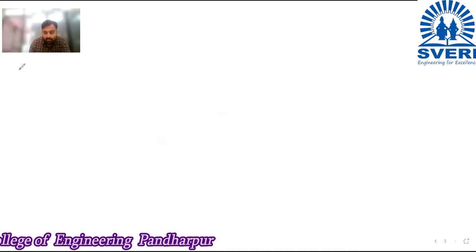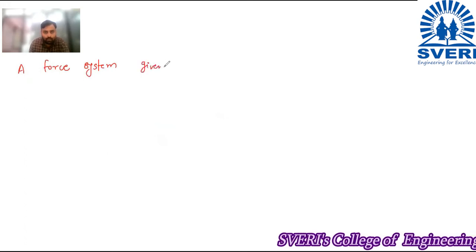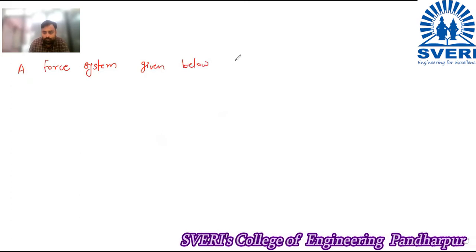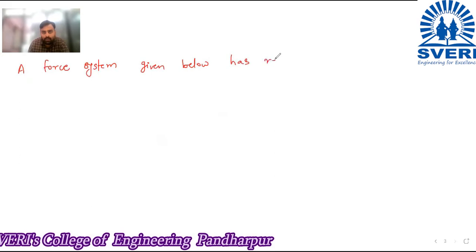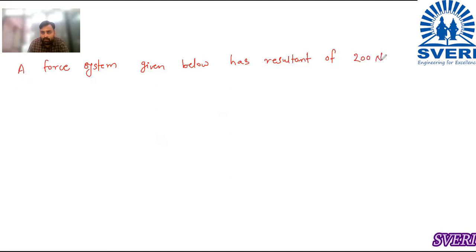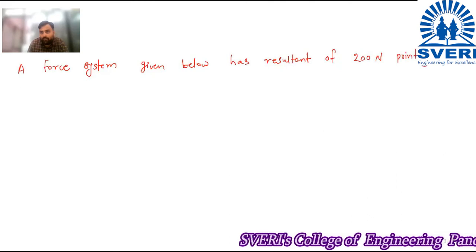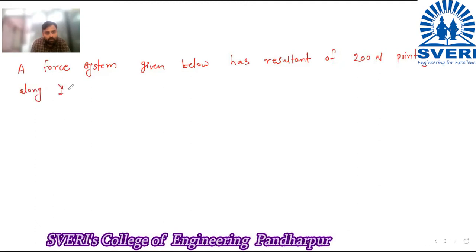So now the numerical is: a force system given below has resultant of 200 Newton pointing up along the y-axis.